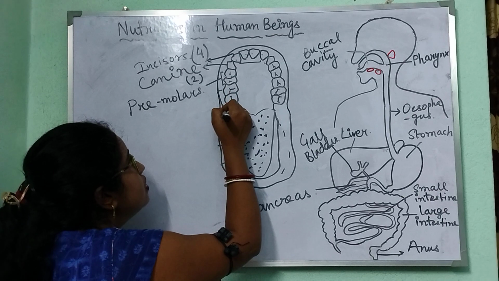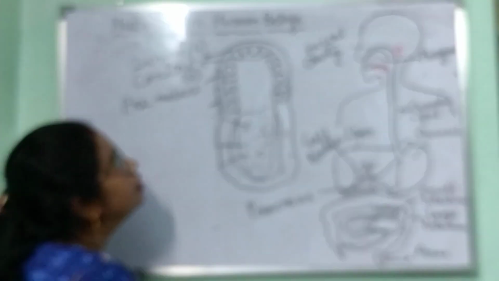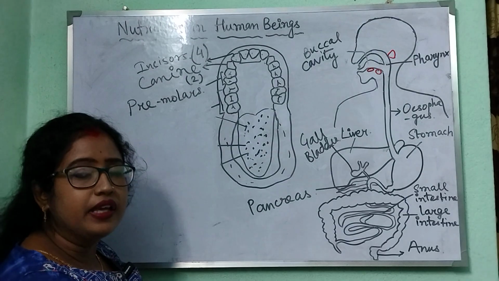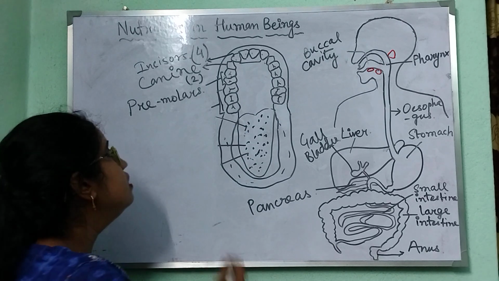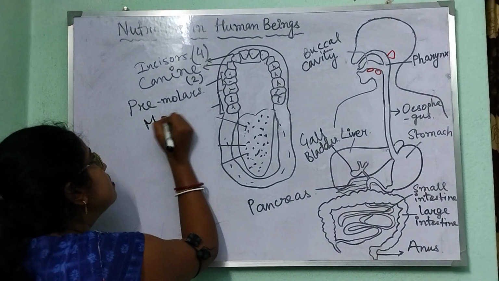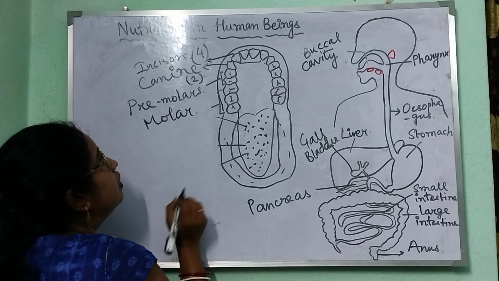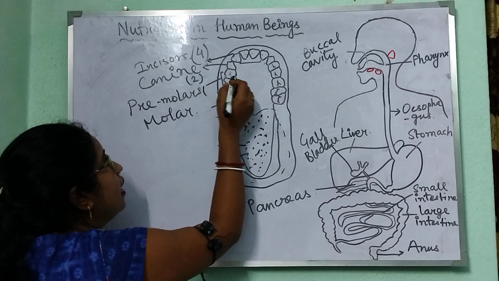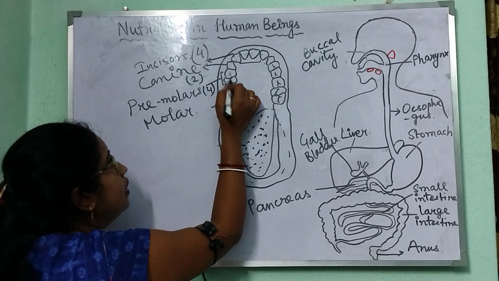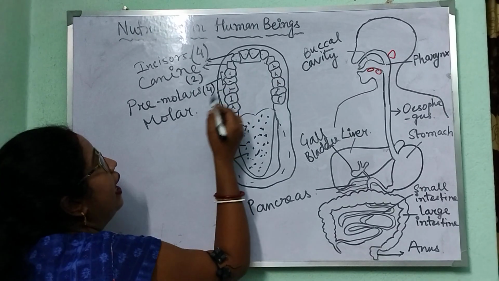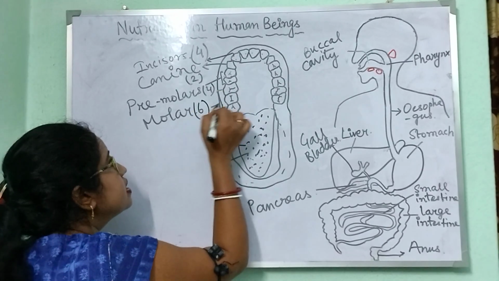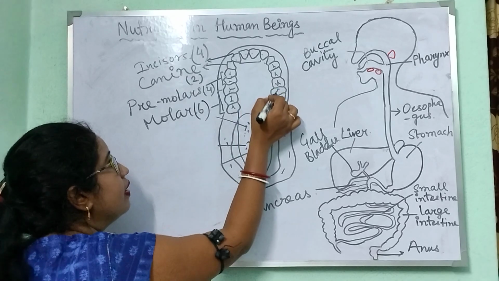After the premolars, we have another cusp-like teeth structure. These are known as molar teeth. So premolars are 4 in number in each jaw, and the molars are 6 in number, 1, 2, 3, 4, 5, 6.